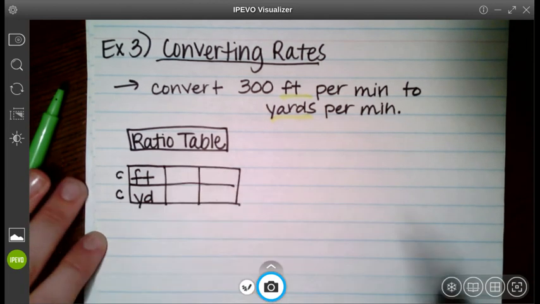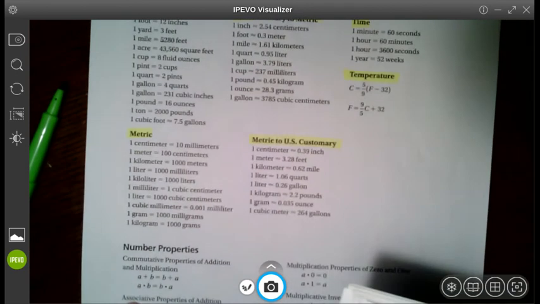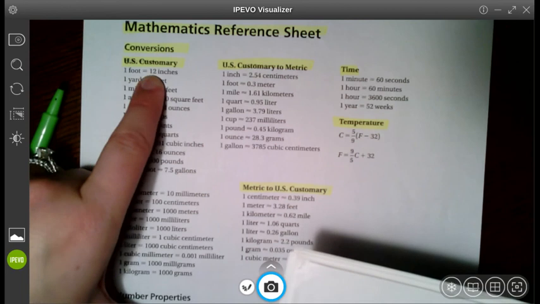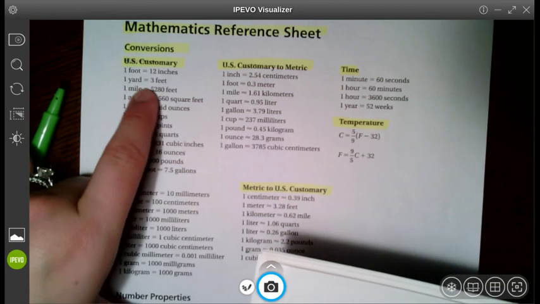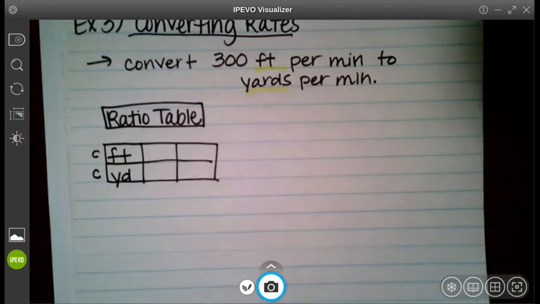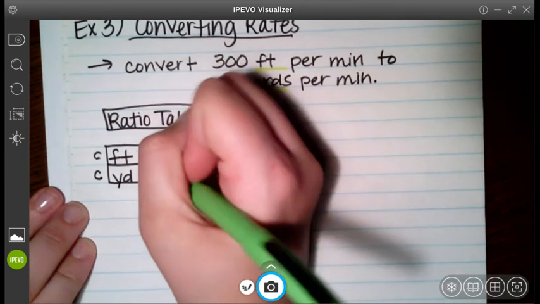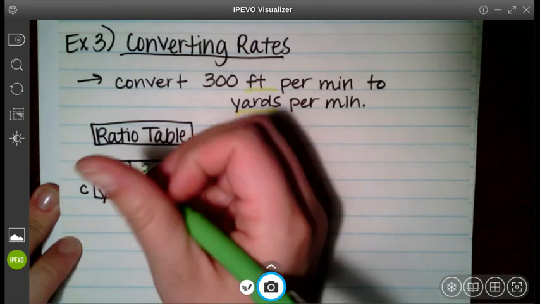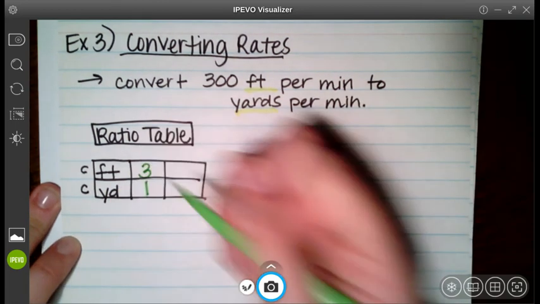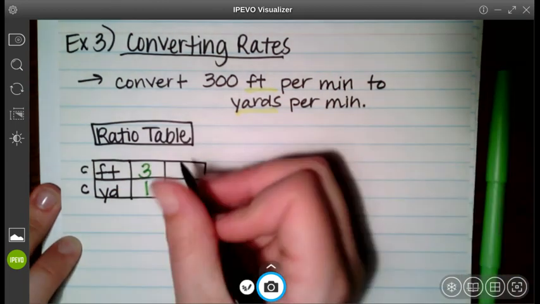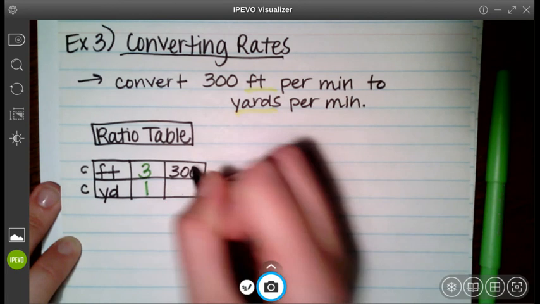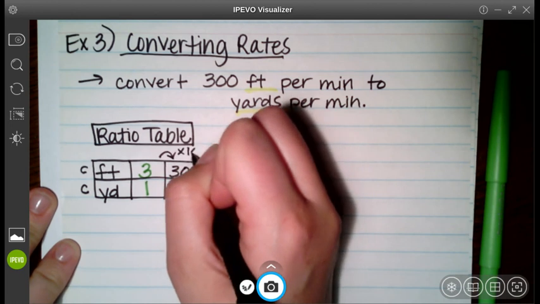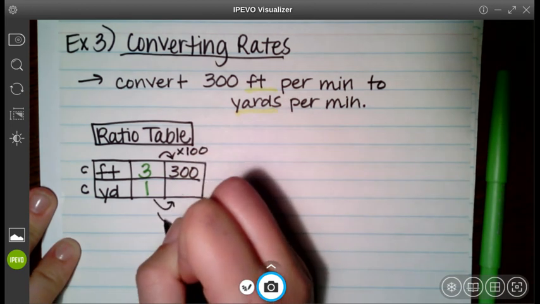Well, 1 yard is 3 feet, always making sure that I'm copying it in the right section of my ratio table. All right, well, I have 300 feet. Now the ratio table does the work. 3 times 100 is 300.